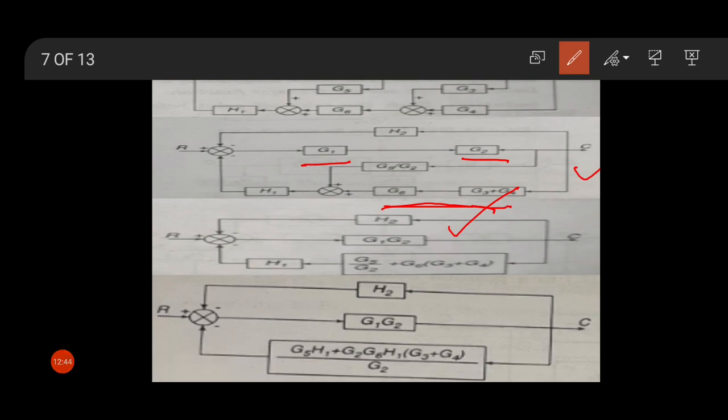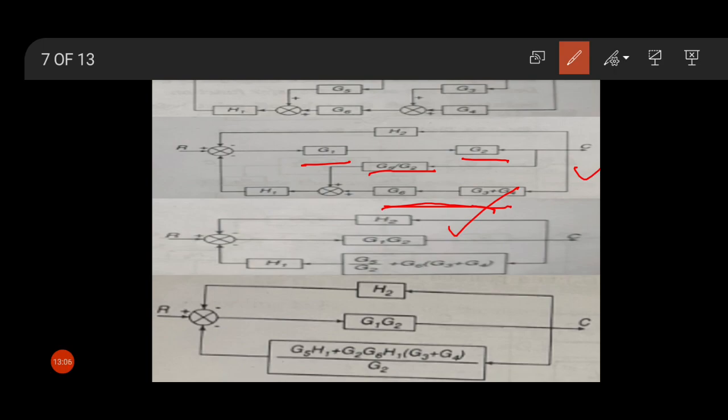After cascading G6 into G3 plus G4, this G5 by G2 and this G6 into G3 plus G4 are connected in parallel combination.